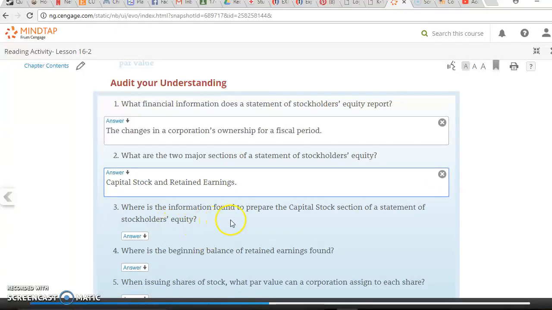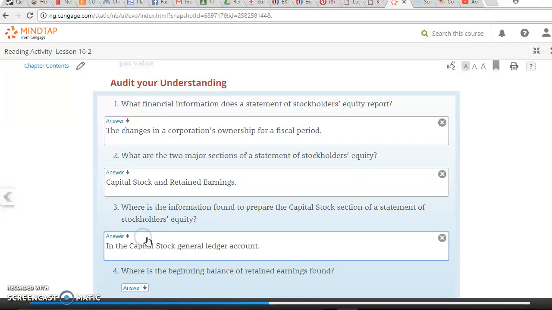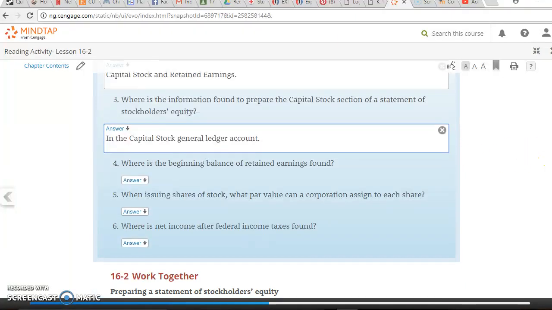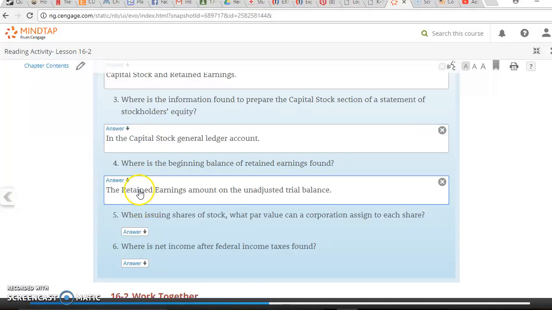Where is the information found to prepare the capital stock section of the statement of stockholders' equity? That is in the general ledger, in the capital stock general ledger account. Where is the beginning balance of retained earnings found? It should also be in the unadjusted trial balance.